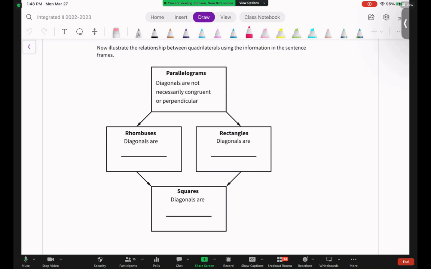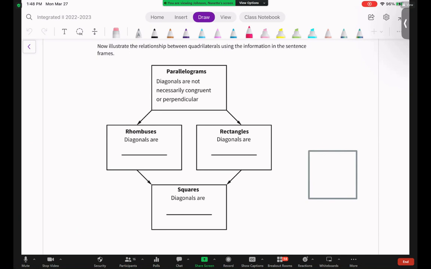So I'm going to draw you a shape, and you tell me what it is. Tell me all the names that we can name this thing. Yeah, we can call it a square.